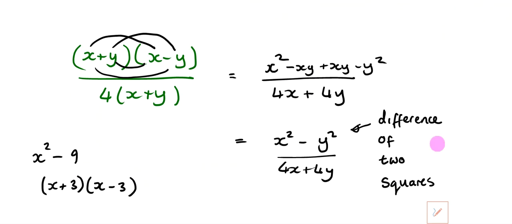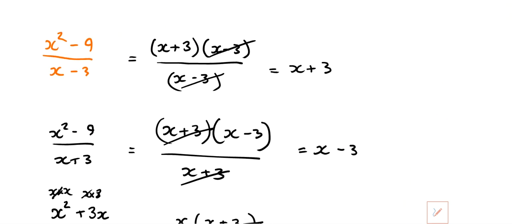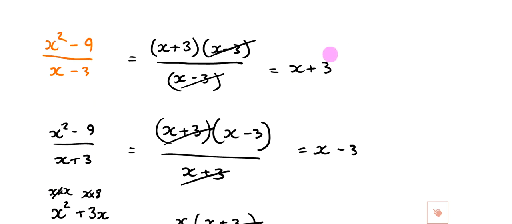Let's have a look at this one instead. Now if I look at this form of it, x can be anything. But if I look at this form of it, x can't be 3.